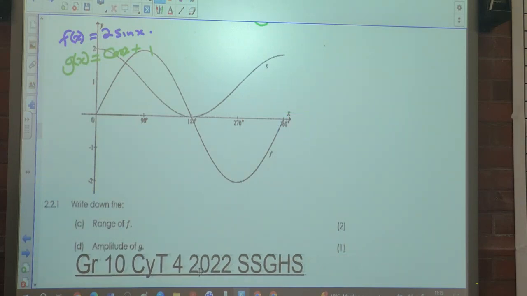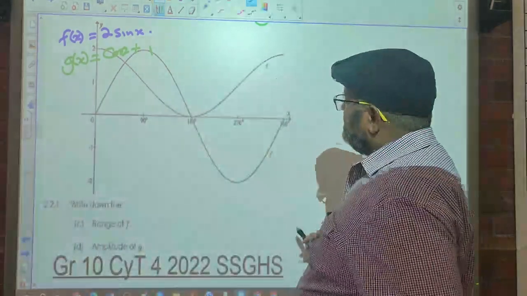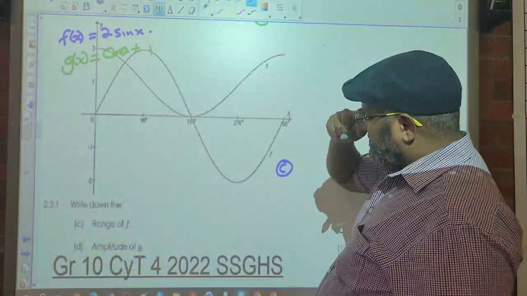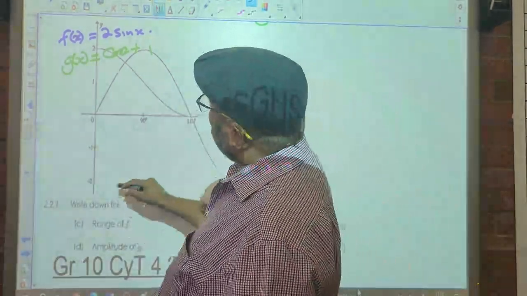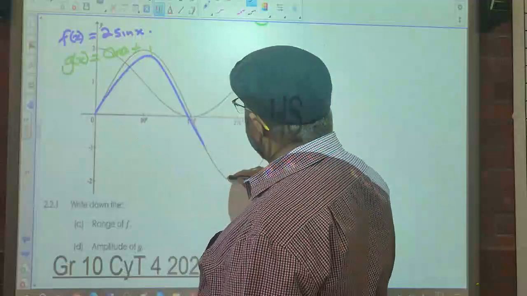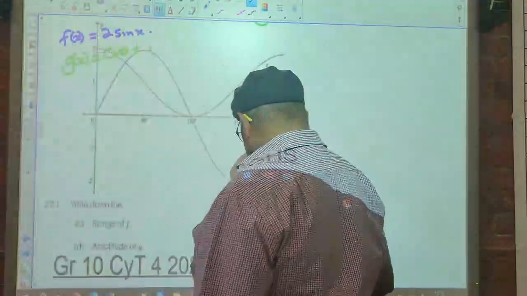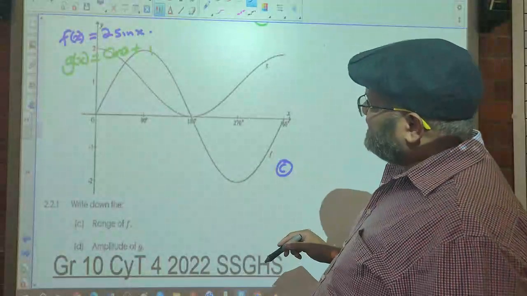Now the question says the range of f. People, what is the range? All possible y values. Not so. So if you're looking at f, f is the sine graph. Not so. This graph is the f graph. Okay. So the range is all possible y values.